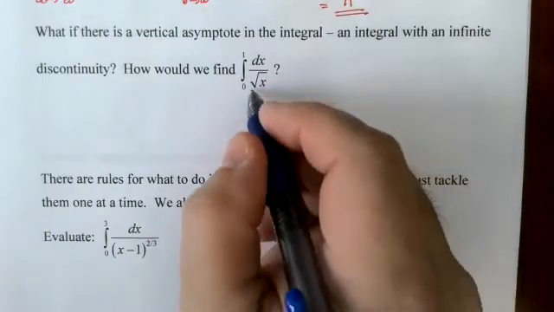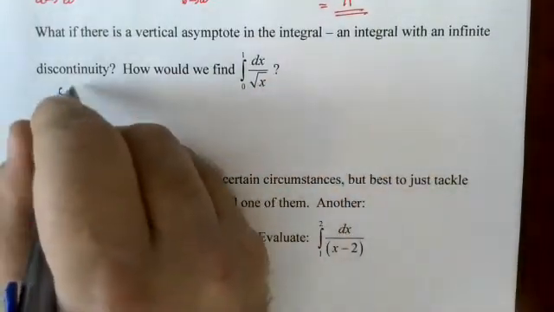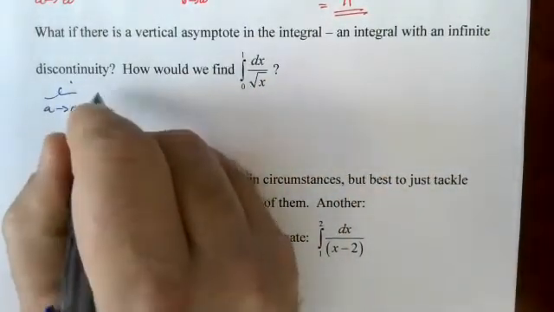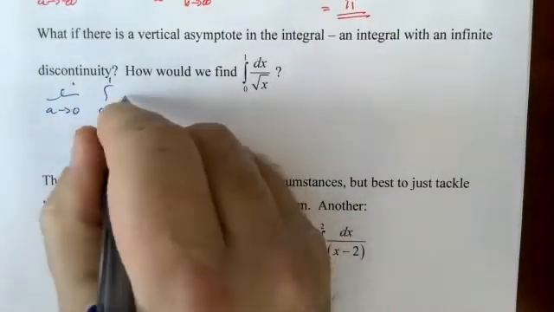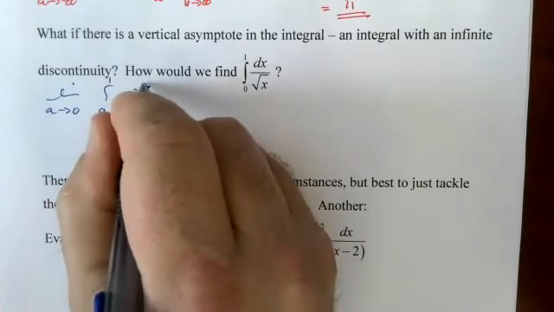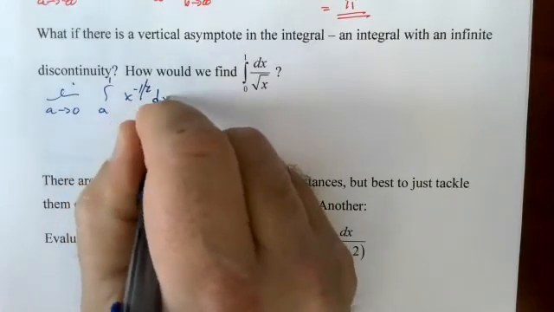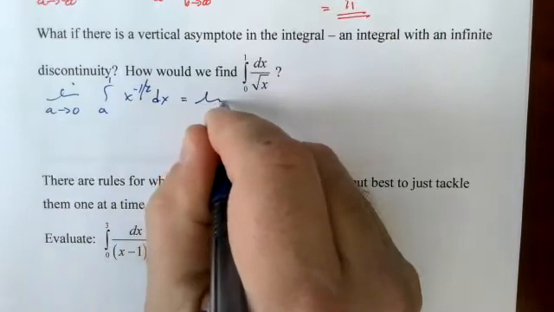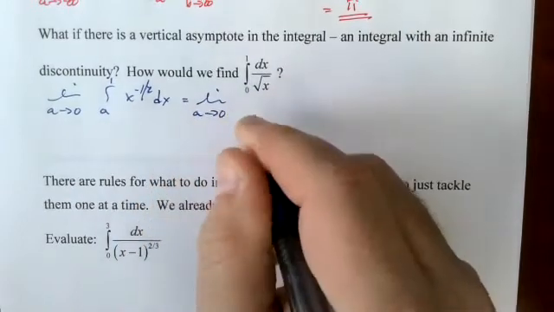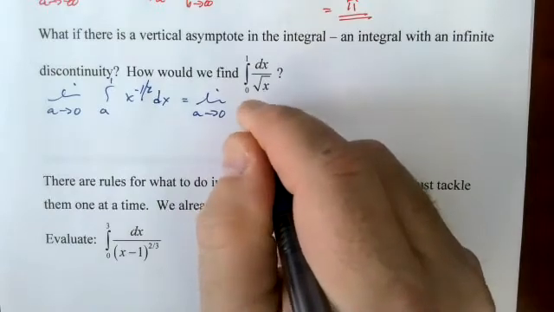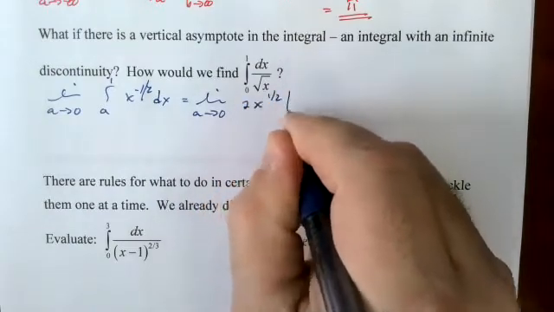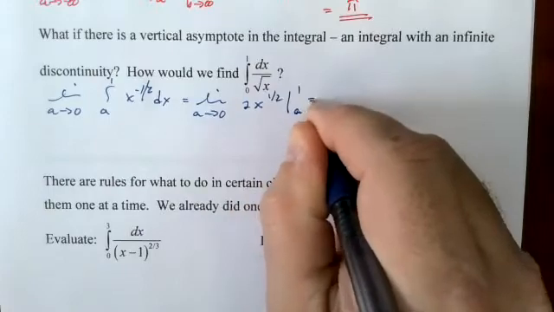So we have to say, I can't plug in 0, so I go with the limit as a approaches 0, a to 1, x to the negative 1/2 dx. Limit as a approaches 0, add 1 to the power, 1/2 divided by 2x to the 1/2, a to 1.